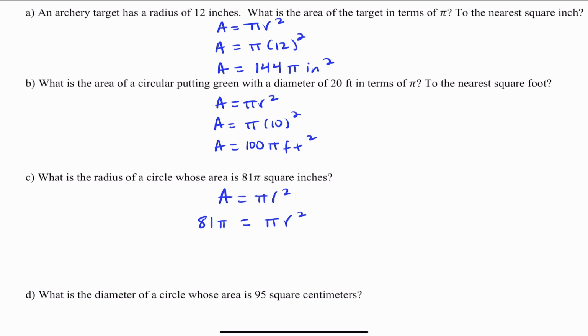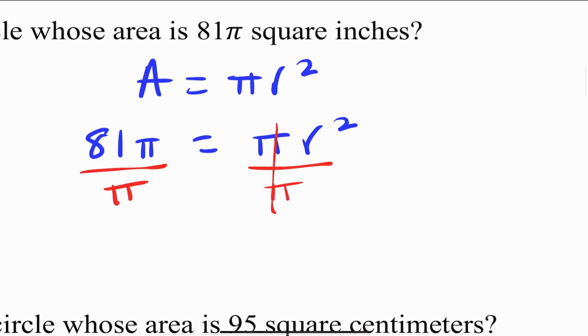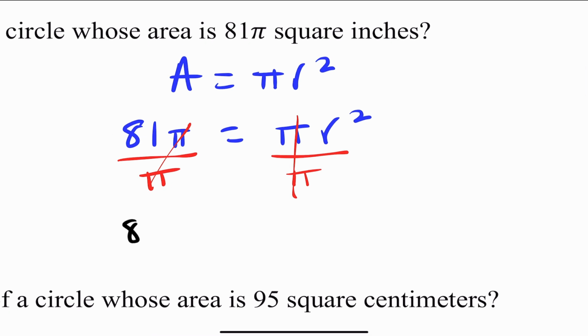Now, remember, the goal here is to figure out what the radius is, so I have to do what? Divide by? Yeah, so I need to divide both sides by pi. So the 2 pi's cancel here and there. So I'm left with what? 81 equals r squared. Now look, r squared on the right-hand side, and it's alone.